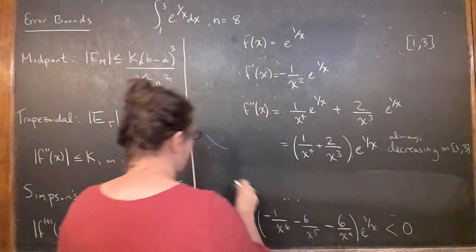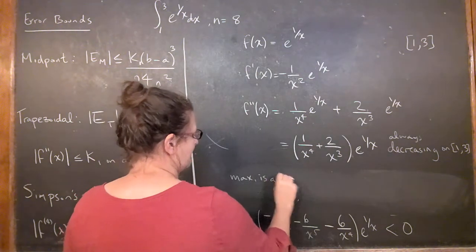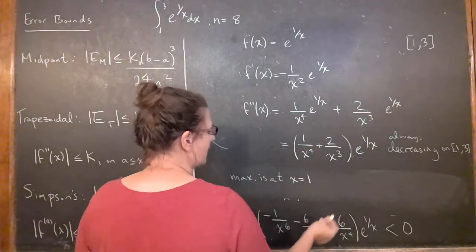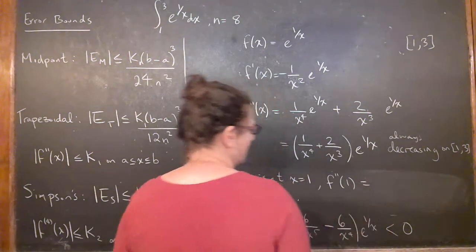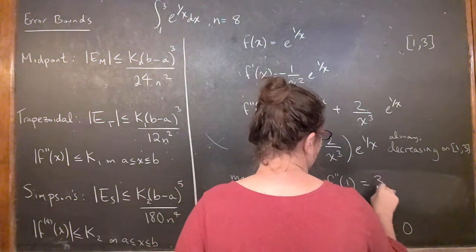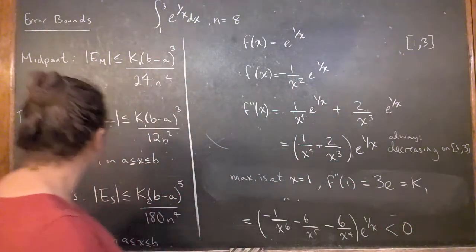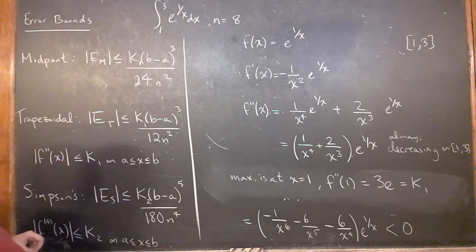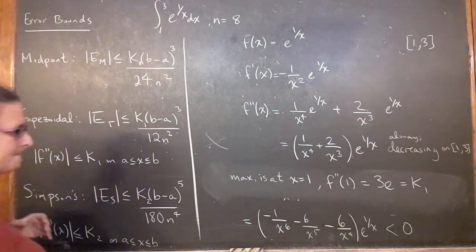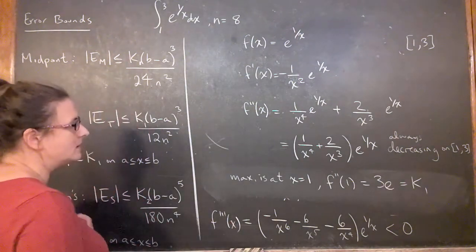So the maximum is at x equal 1. So the second derivative at 1 is going to be 3e. So that's my k1, the maximum value of the second derivative on my interval. Leave that there.